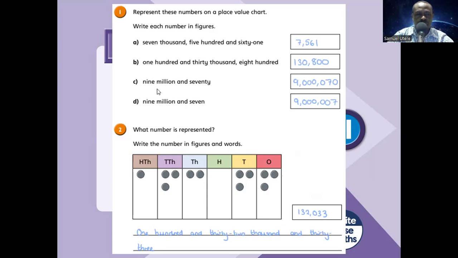Here we have 9,070,000. So we know we're going to have 9. Another way to do this really quickly without a place value chart is we know we're going to have a 9, and then we know we're going to have 6 digits that come after the 9, and then we can start thinking of filling it in.